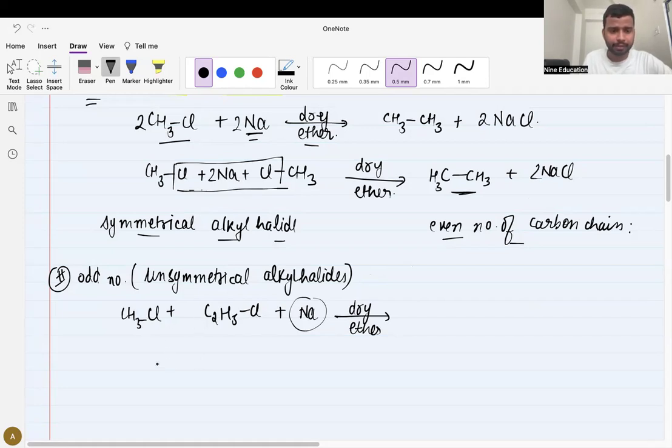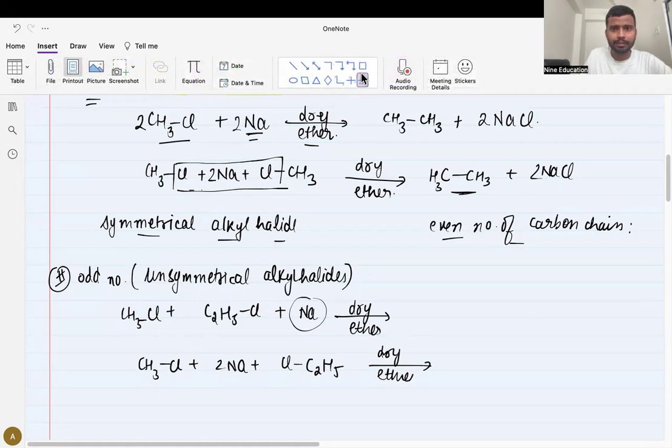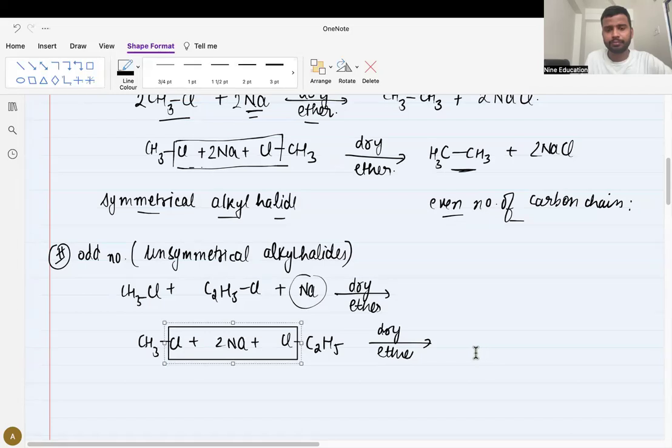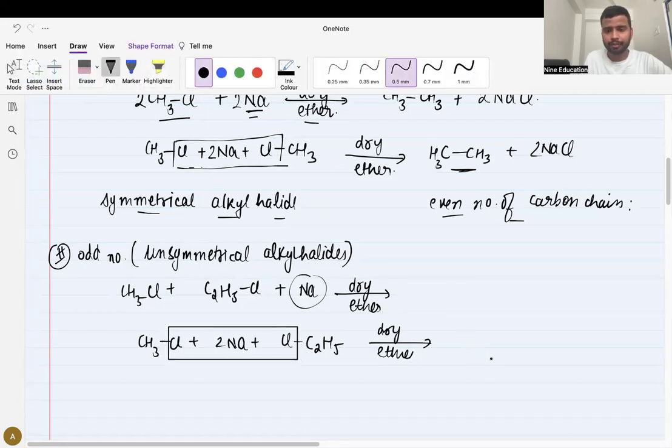So what will happen? अगर मैं यहाँ पर CH3Cl ले लूँ and 2 times of Na ले लूँ और Cl ले लूँ C2H5 वाला, है ना? Same way. So 2 molecules of NaCl will go. So what is made? CH3 and C2H5 bond is made and 2 times of NaCl will go.